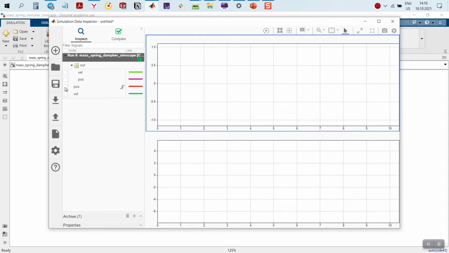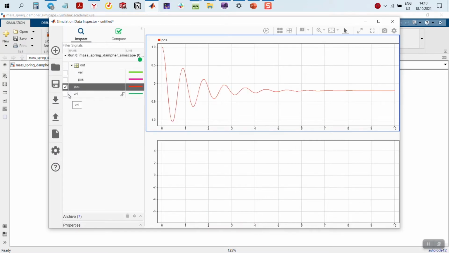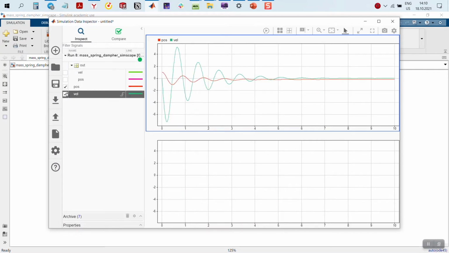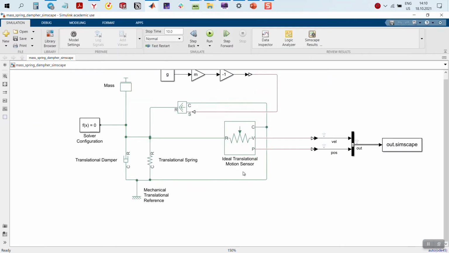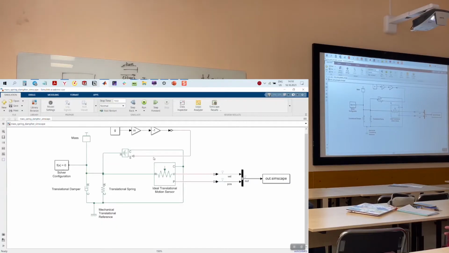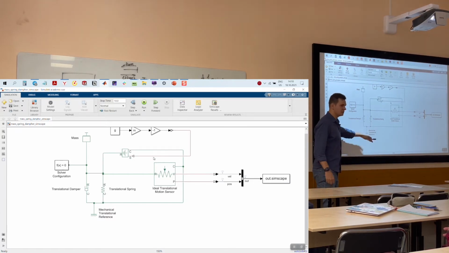And you will get the same plots for the position and velocity, so it's pretty much the same model. But here, it's just easier to create this system. So here, let us just consider: you have a reference, it's just a fixed point.